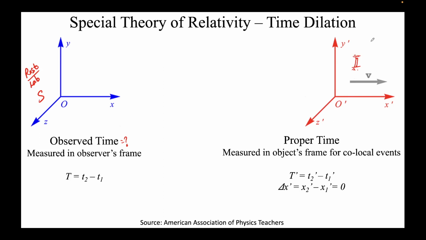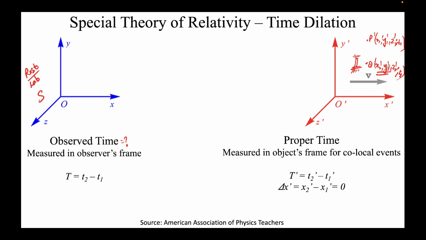So for instance, let's say this is event P, when it's leaving, right? So it will be x1 prime, y1 prime, z1 prime, comma t1 prime. Similarly, the event Q, when the photon returns to this bottom slab, will be x2 prime, y2 prime, z2 prime and t2 prime.